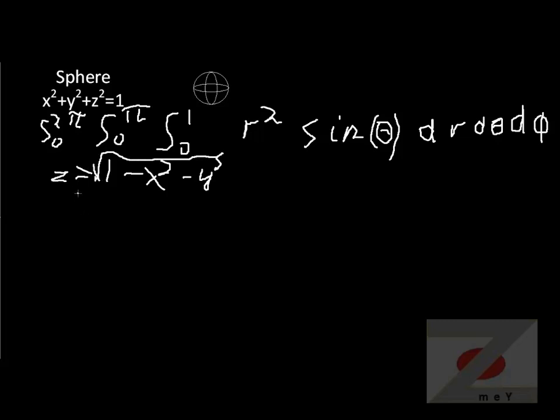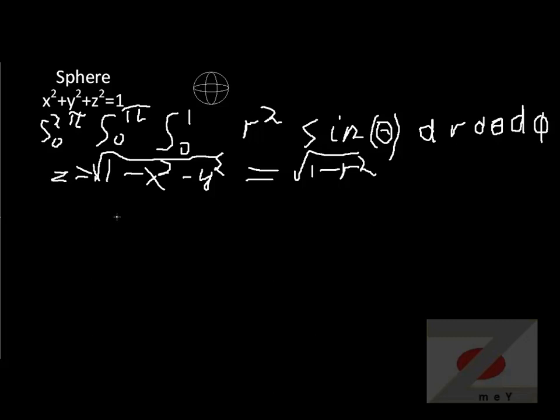For cylindrical coordinates, this circle is your polar part, so x and y, or r and theta, and then we have z. And as you can see, it's going to be minus (x squared plus y squared), which is r squared. So you can rewrite this whole thing as the square root of 1 minus r squared.